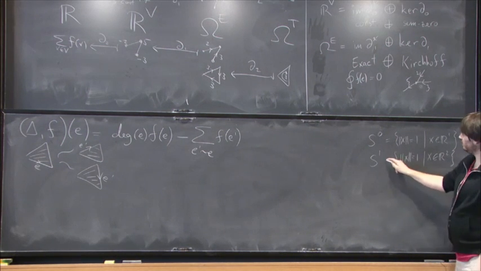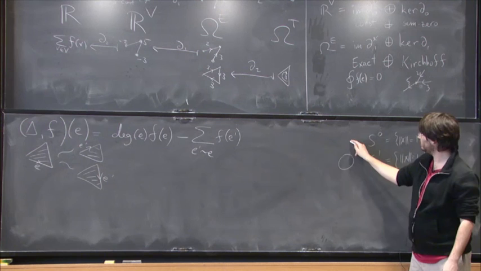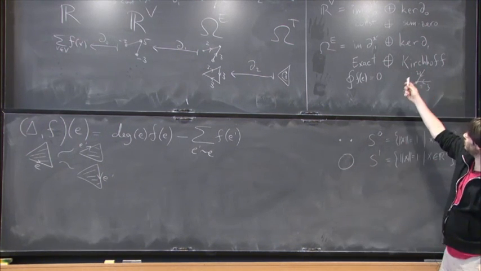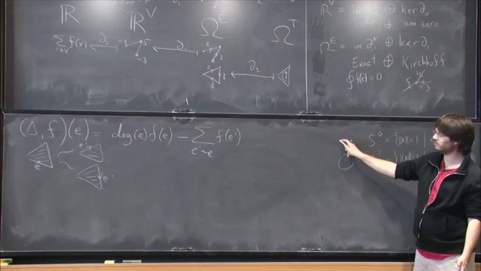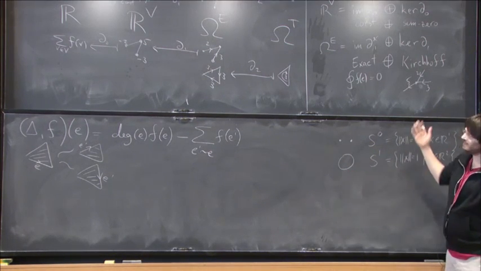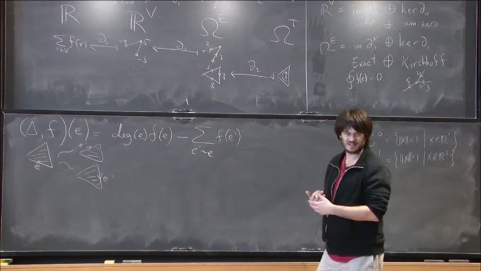So this is a circle, and these are 2 points, and we integrate along it. Here we look at whether the value at the 2 points is the same, and here we go over the cycle and look. So it's again saying the same thing in a different way.